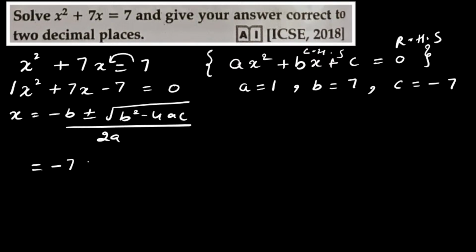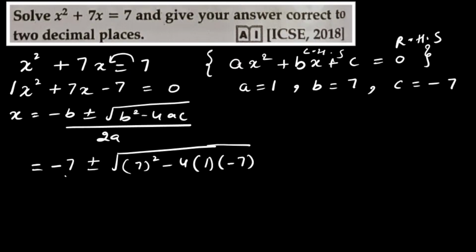So minus 7 plus minus, because here b is positive only, so this minus sign is there. So minus 7 plus minus b square, and 7 square minus 4 into a is 1, c is minus 7, by 2a. 2a means 2 into 1.